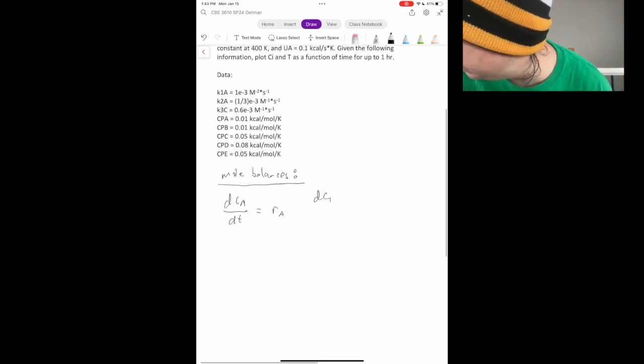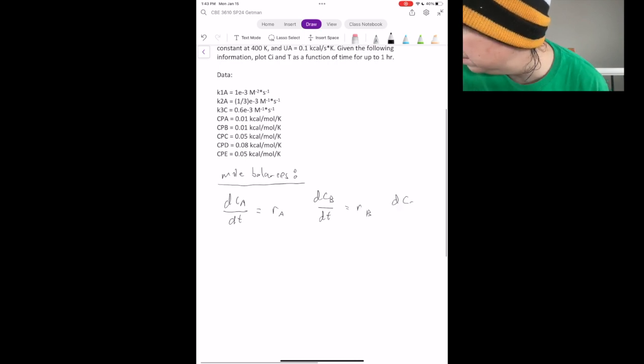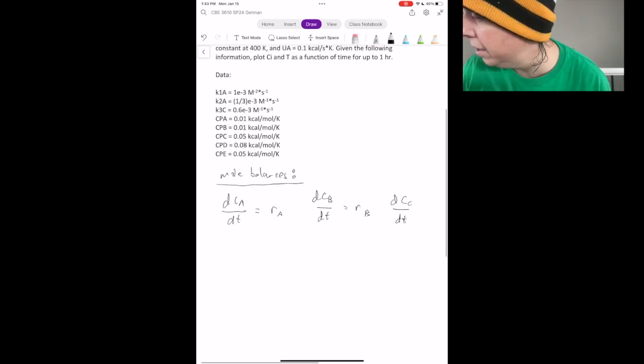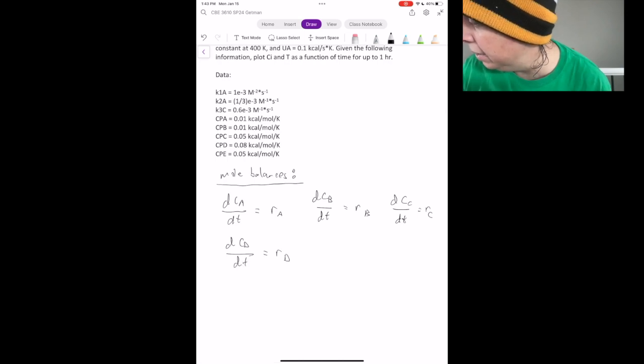dCB/dt equals RB, dCC/dt equals RC, dCD/dt equals RD, and dCE/dt equals RE.